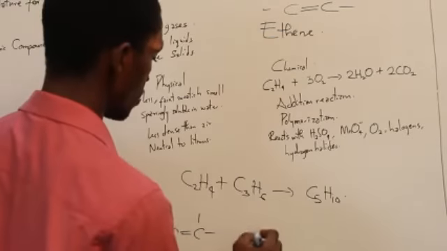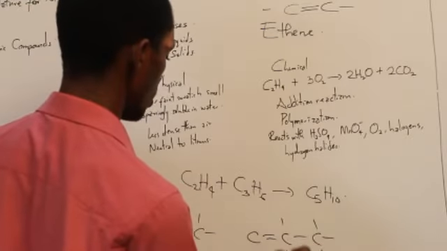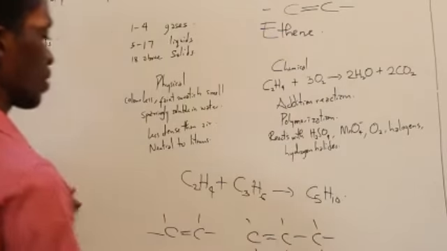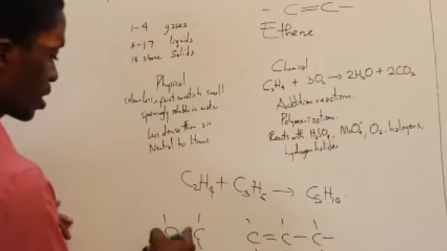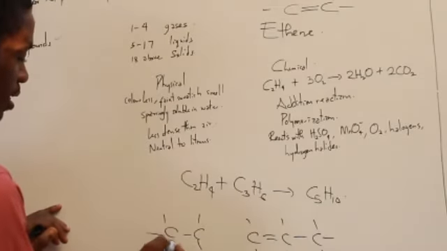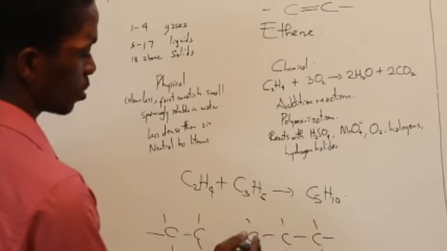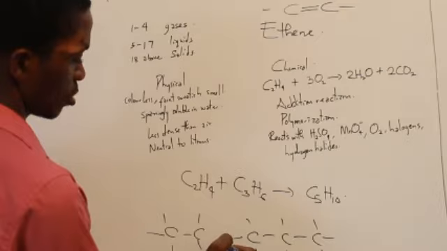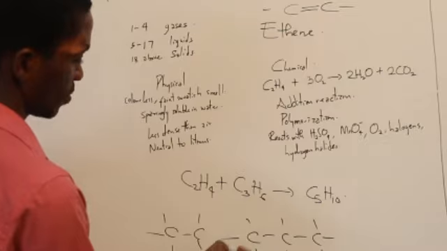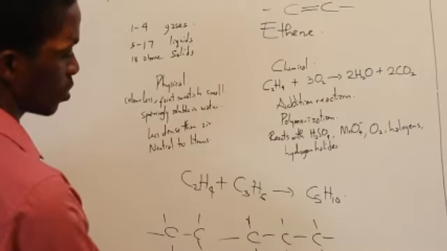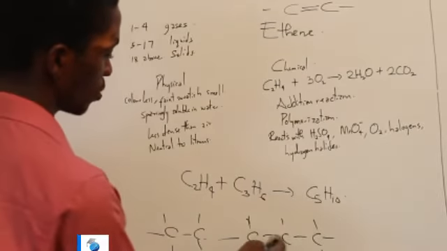The other one comes with C double bond C, C, and the rest is occupied. When they are about to connect to each other, this one will lose its double bond and have a hydrogen here. This one also will lose its double bond, and then the two of them would combine. Of course, the hydrogen that is supposed to be on one of the edges will join, and then you have 1 2 3 4 5.